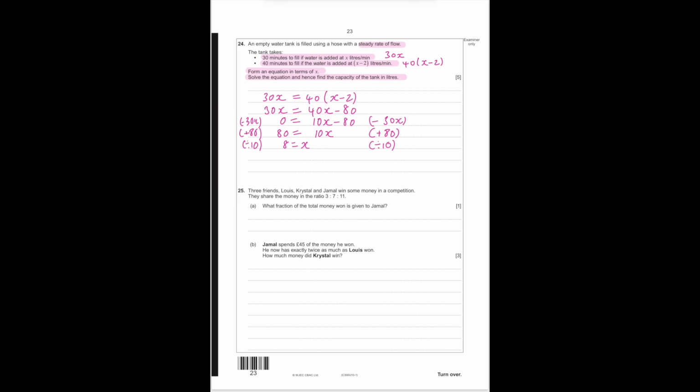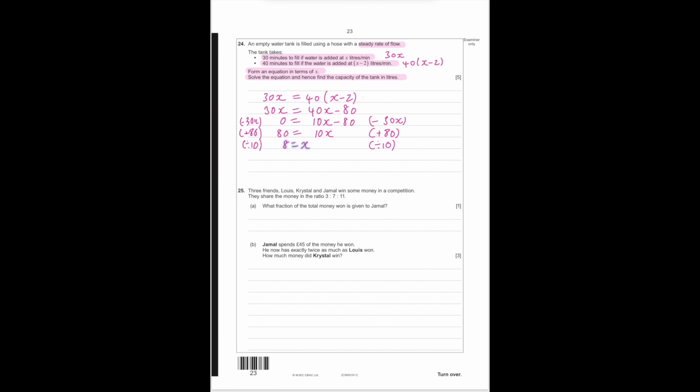Fills at 8 litres per minute and it takes 30 minutes. So let's just use one of those expressions that we formed. So if it takes 30 minutes to fill at 8 litres, that's 240. So it must be 240 litres in the tank altogether.